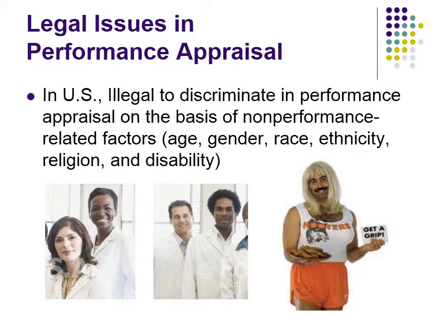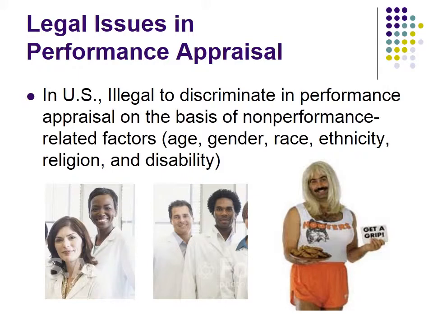Another example of this is sometimes an employer or an organization will create a job that includes as a part of its performance-related factors something about the person's physical attributes. A very good example of this was brought up by the kind of humorous picture here of the male Hooters girl.